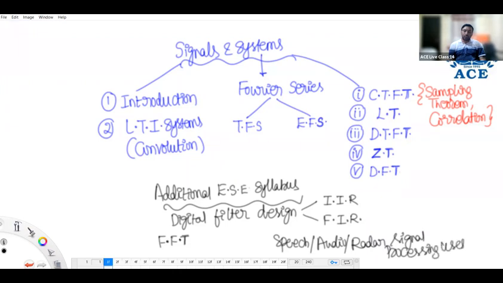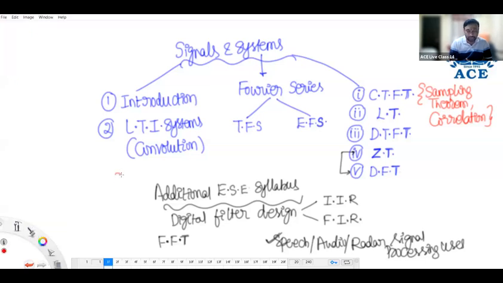Of course, this topic you can understand only when you are thorough with Z transform, DFT and filter design. Then only you have a chance of getting this concept. These are practical applications of the signals subject.